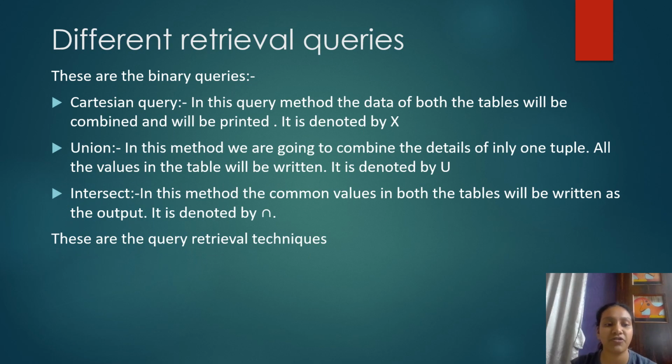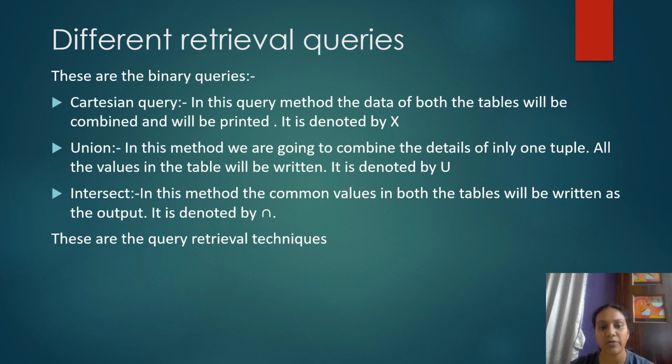Now we have another three different retrieval query methods, which come under the binary queries, in which two tables or records are involved. So the Cartesian query or the Cartesian product. In this query method, the data of both the tables will be combined and printed.